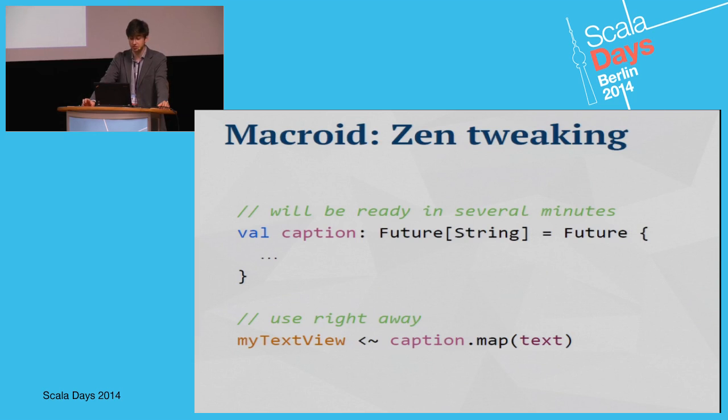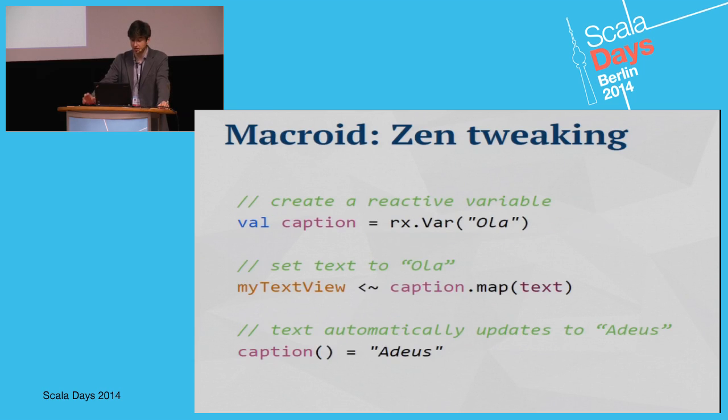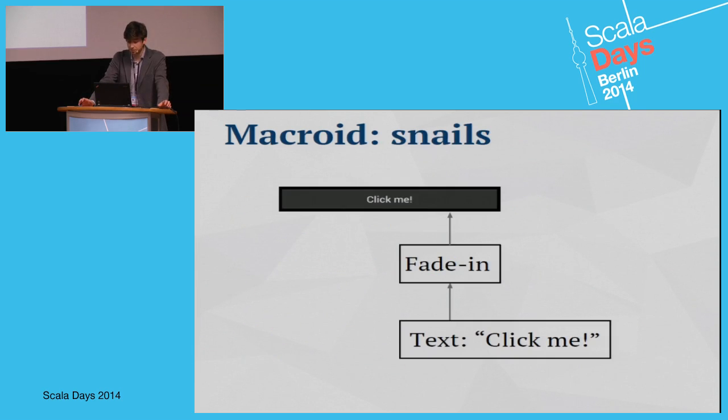So we don't have to write any kind of listeners or boilerplate code. We can just change properties with futures. And if you have seen the RX talk yesterday, we can also use the RX, but I'll show this in an example later.